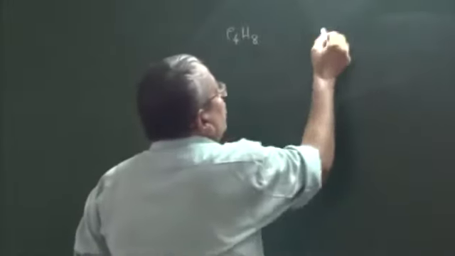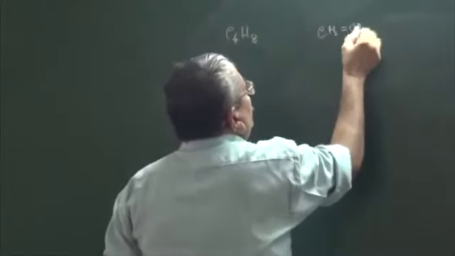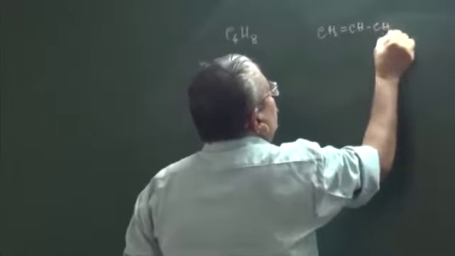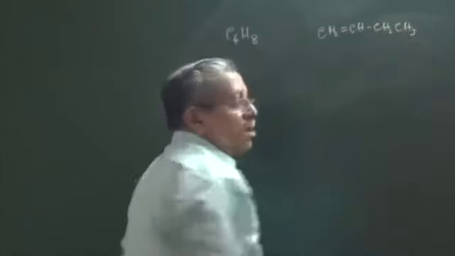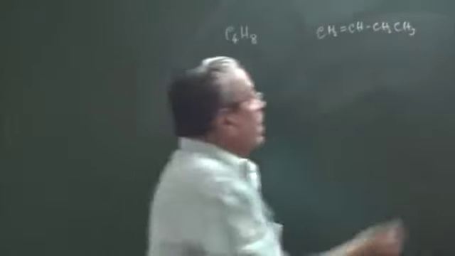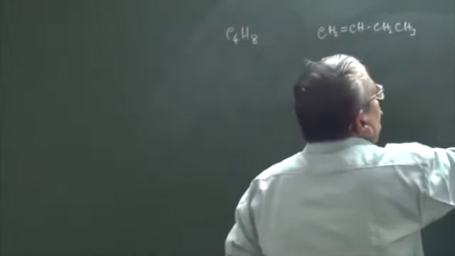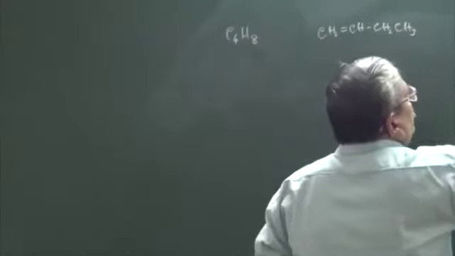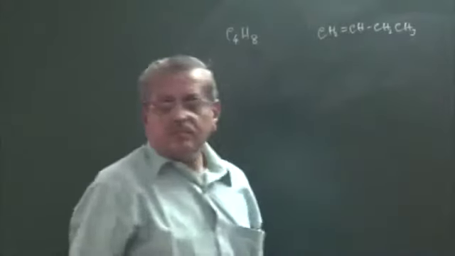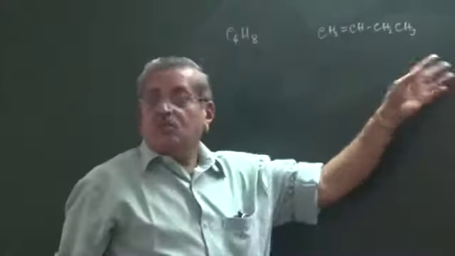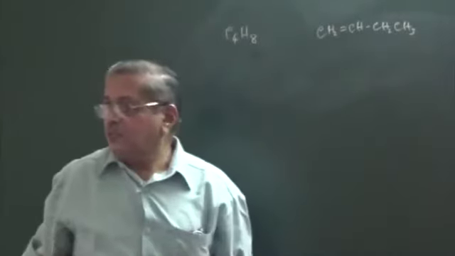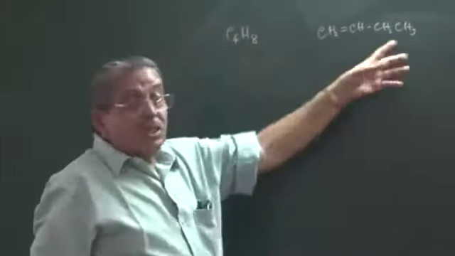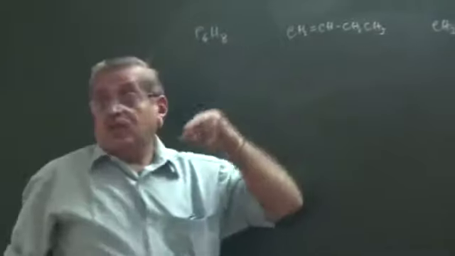Now, there may be two compounds: CH2=CH-CH2-CH3, and another one, CH3-CH=CH-CH3. One is 1-butene, the other 2-butene. What type of isomers are these? Position isomers. The position of the double bond is different.